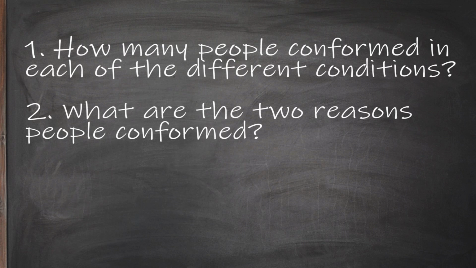They reran this experiment that you're going to see in a couple of different situations, and I want you to record what proportion or percentage of people conformed in those different situations. I also want you to listen out for the two different reasons that people conform. There are actually two types of conformity which we see in here, and the two main subjects in the video each have different reasons for conforming.